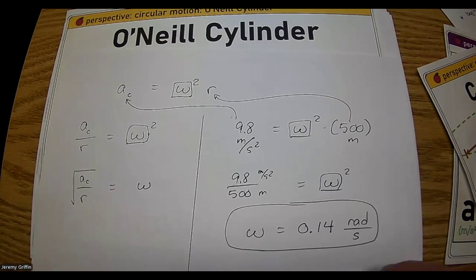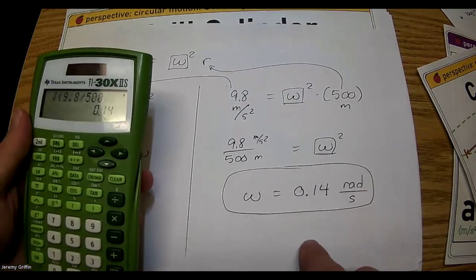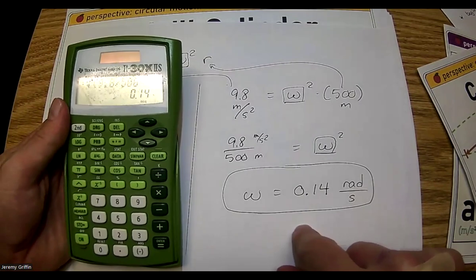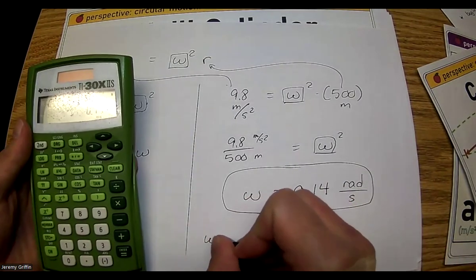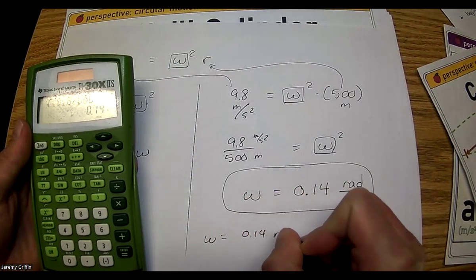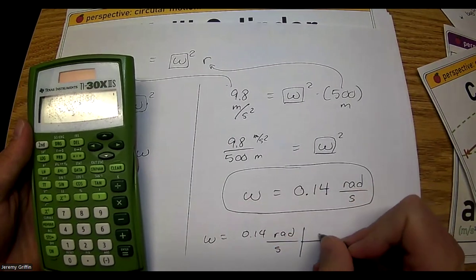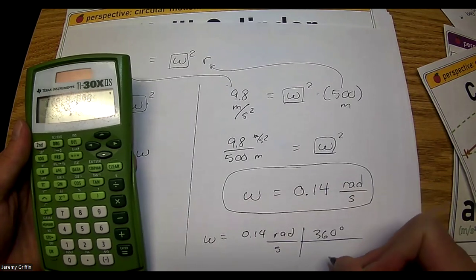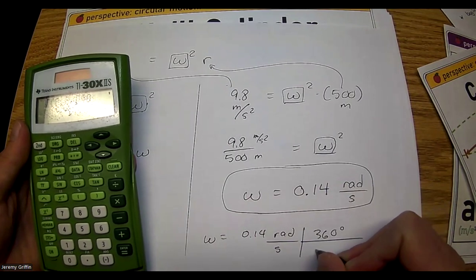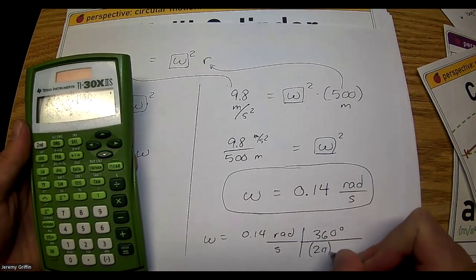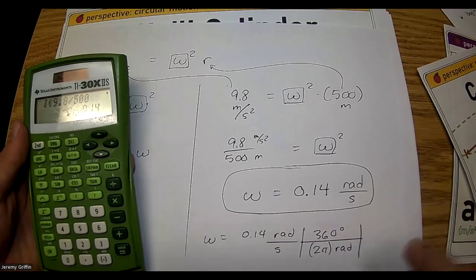I wonder how many degrees per second that would be. I know here omega equals 0.14 rad per second. Guys, 360 degrees is equal to how many radians? 2 pi radians. Dimensional analysis railroad tracks down there.